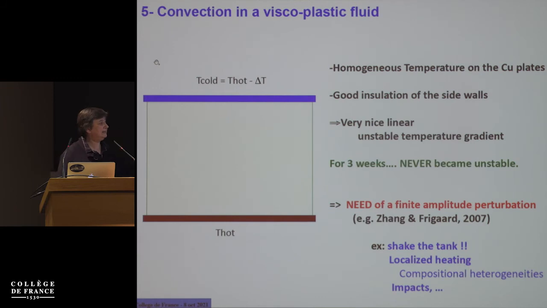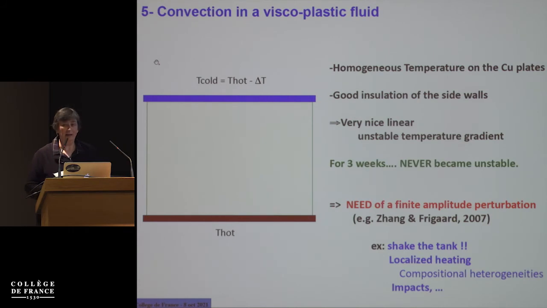So in this fluid, if I fill my tank or my mantle with this kind of fluid, and I'm heating from below, cooling from above, at a very nicely homogeneous temperature, I'm going to end up with a very unstable conductive temperature gradient, because of the yield stress, you need a finite amplitude perturbation to get motion to arise.